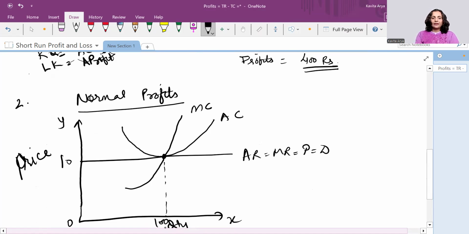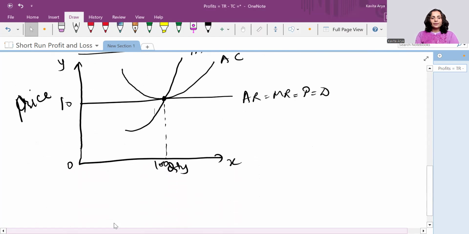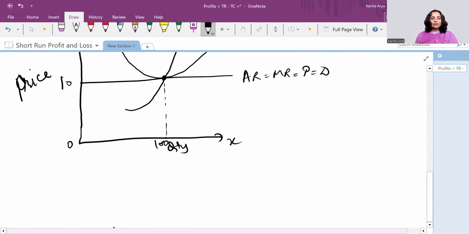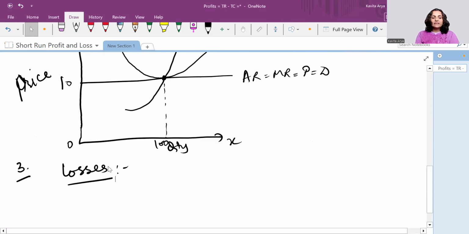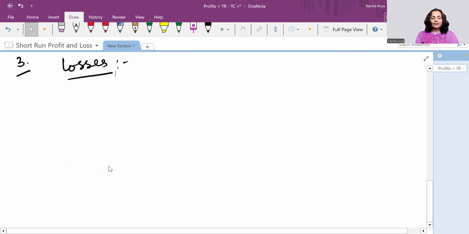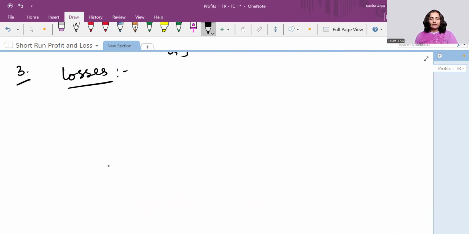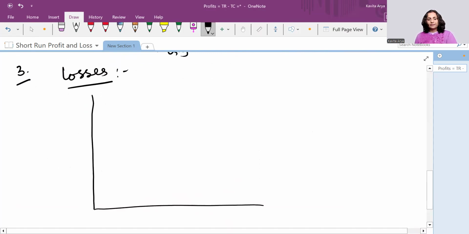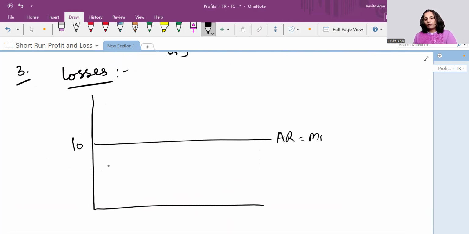Okay. And when we talk about the losses, so what is going to be the case of losses? For this, let's make another diagram. Again, say this is 10 for a perfect market competition.